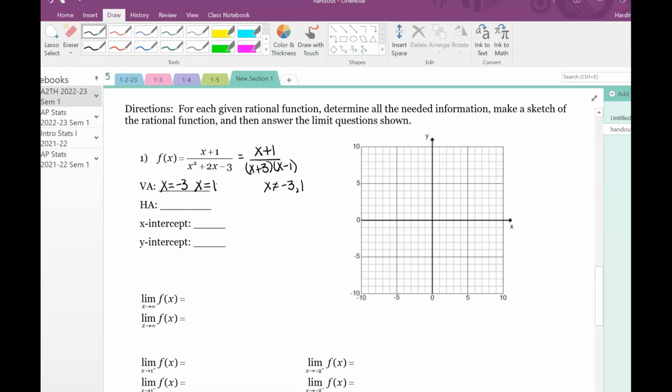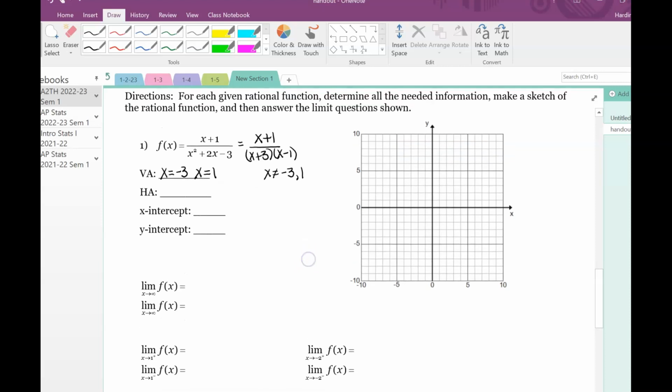Put those on the graph. Bear with me while I put these on. The horizontal asymptote, well, the degree of the top is smaller, so this is y equals 0.